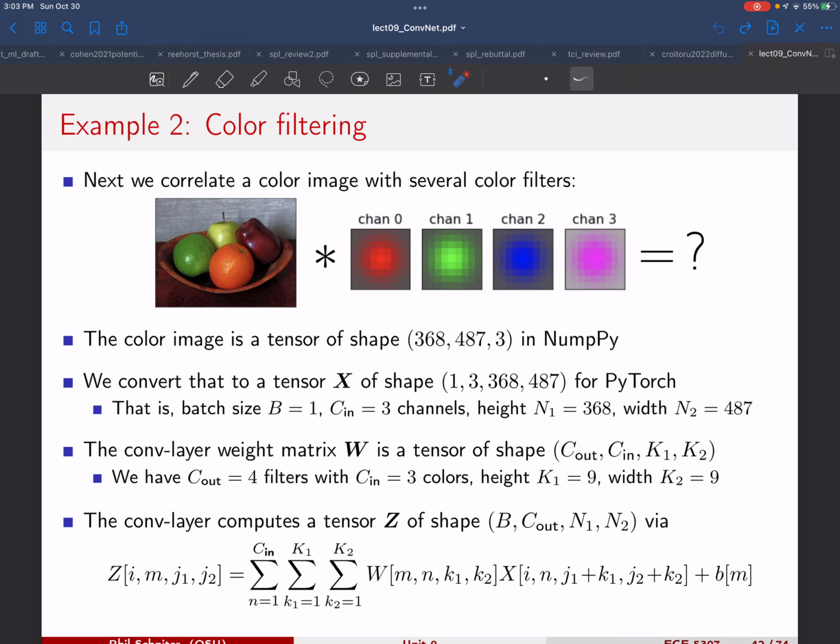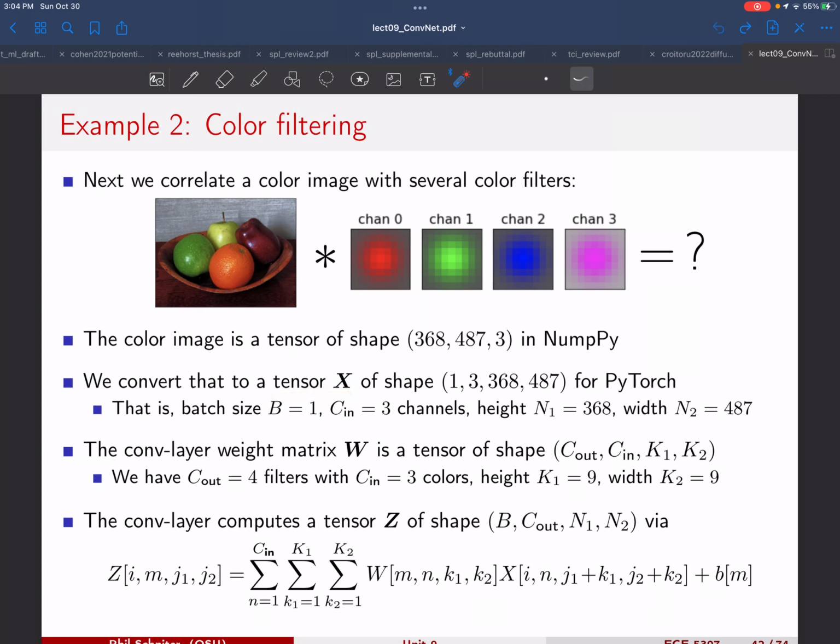But for PyTorch, we need to shift things around. The last 2 dimensions should correspond to vertical, horizontal. The first one is how many images are in the batch. We only have 1 image, so that will be 1 image in the batch. And then the next is how many channels, and that's going to be 3. So that's the input tensor, X.